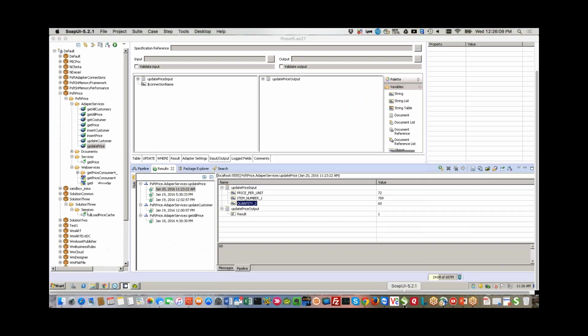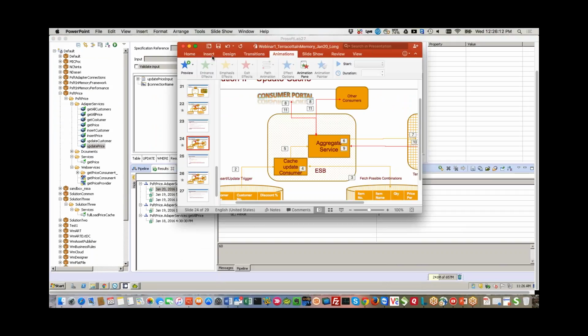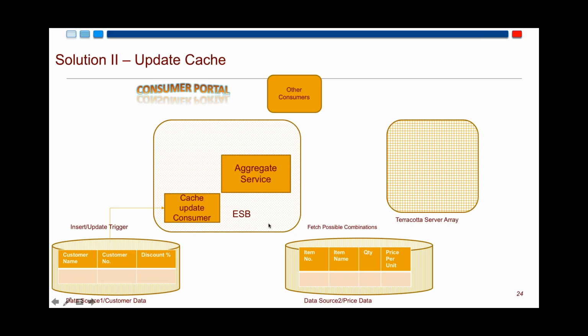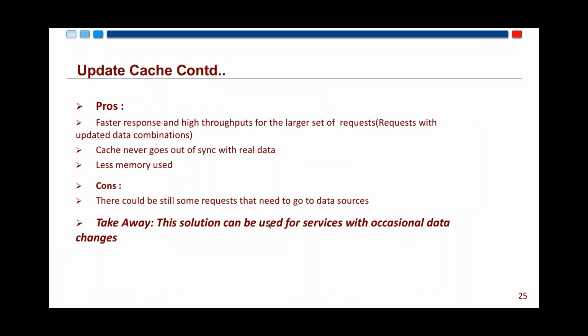Now let us evaluate the second solution. If you see the advantage of solution 2, it gives faster response and high throughput for a larger set of requests as compared to solution 1, because it has all the combinations for the updated data set from data source 1.